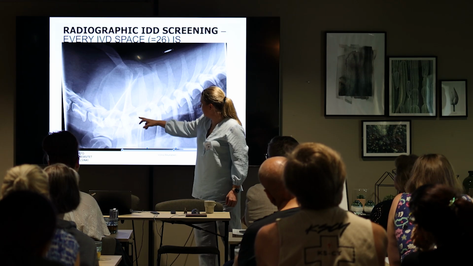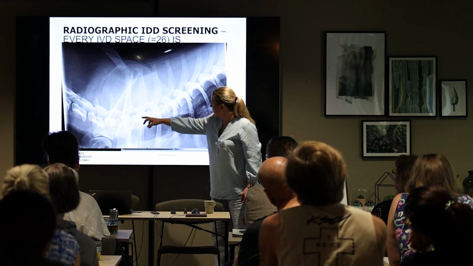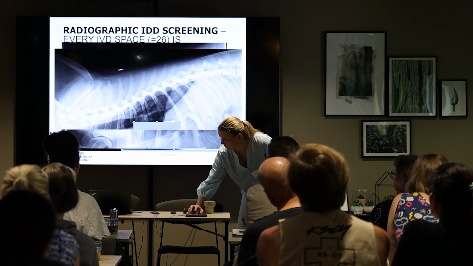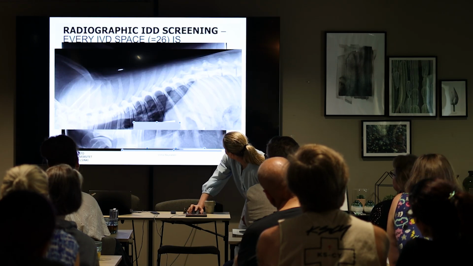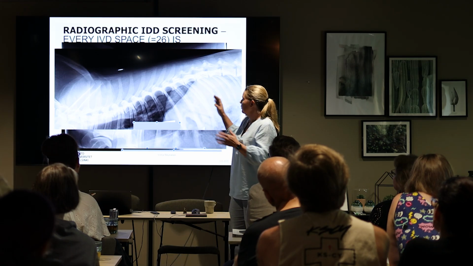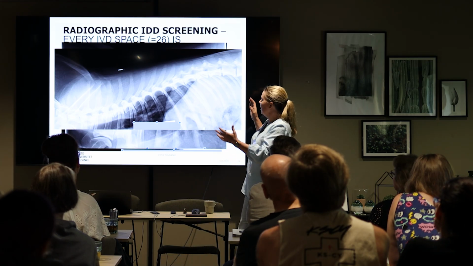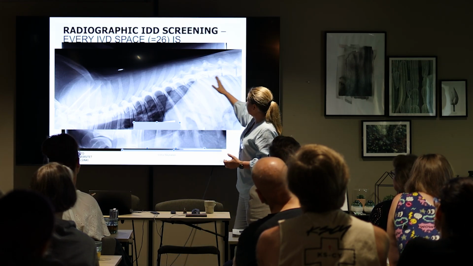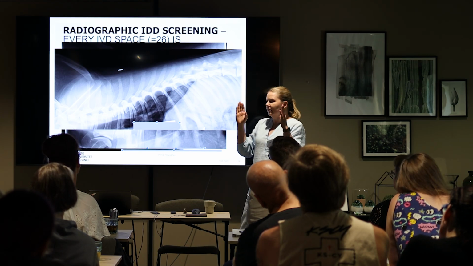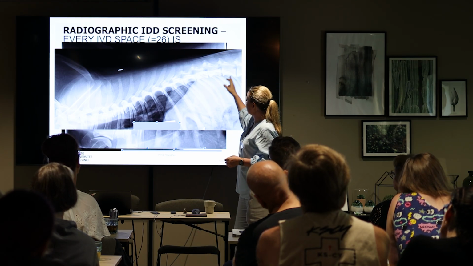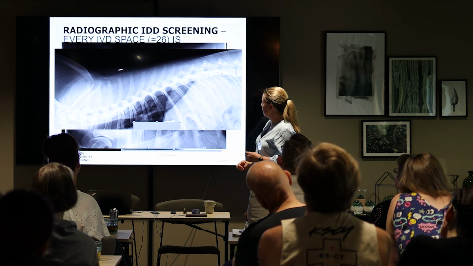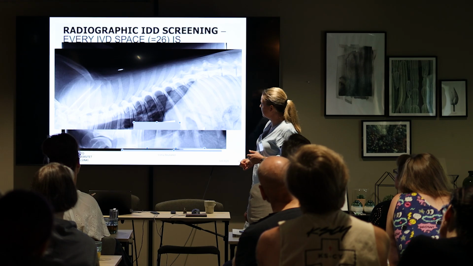Here we can see some totally calcified IVDs, and then we take the thoracic spine as a whole. With the radiographic technique, when we take this big area, we don't see the area on the side straight. So we also need another image of the junction between the thoracic and lumbar spine.